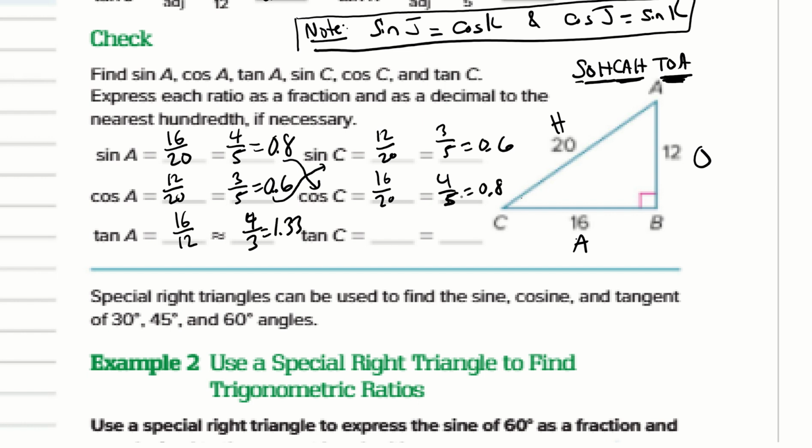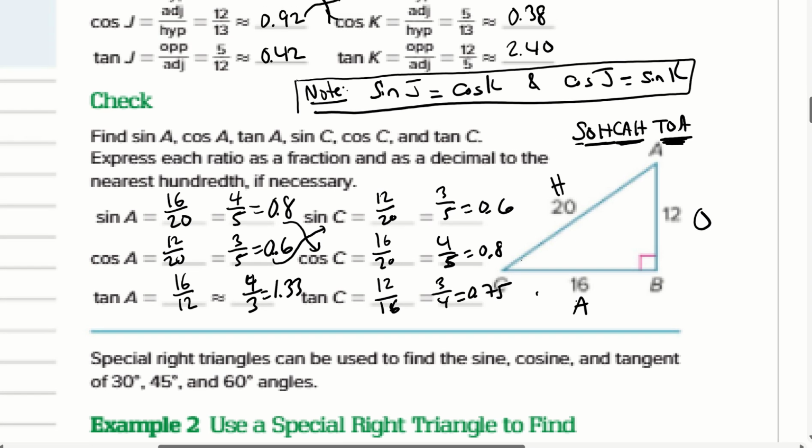And then tangent of C, opposite over adjacent, so we got 12 over 16, which reduces to 3/4, which is 0.75.